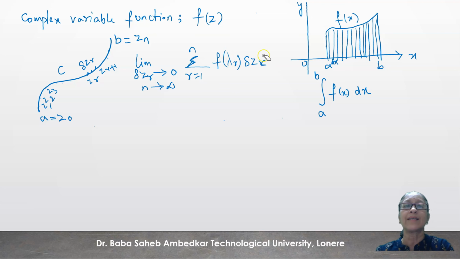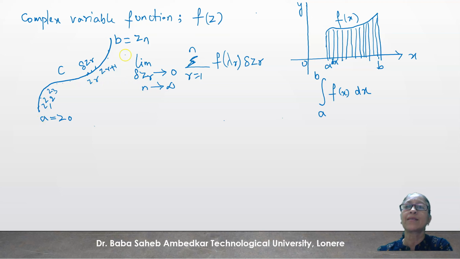If you consider the sum of f(lambda r) delta Zr along this curve, if this delta Zr tends to 0, then Zr+1 will come close to Zr. That means these points will be very close when delta Zr tends to 0. Then n tends to infinity.